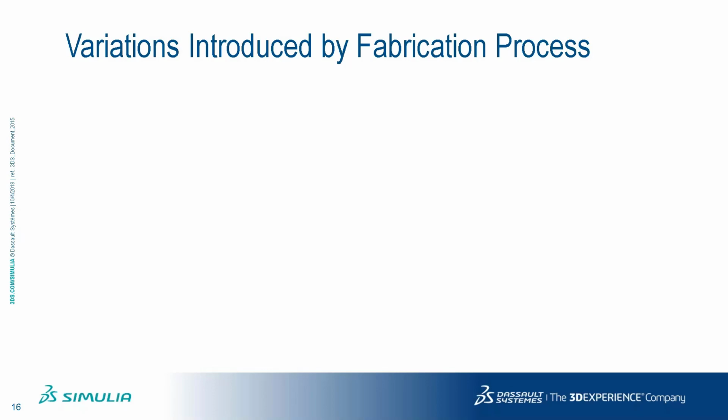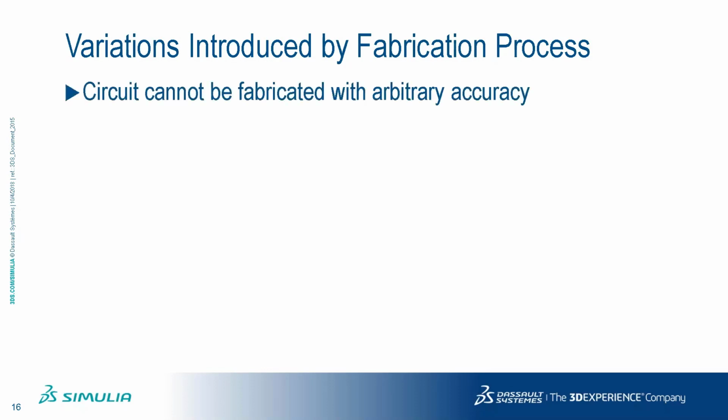This is also needed if you need to run a large number of parameter combinations due to fabrication tolerances. If you look at a given fabrication process, and I already alluded to this in the introduction, you can see that you cannot fabricate this with arbitrary accuracy.